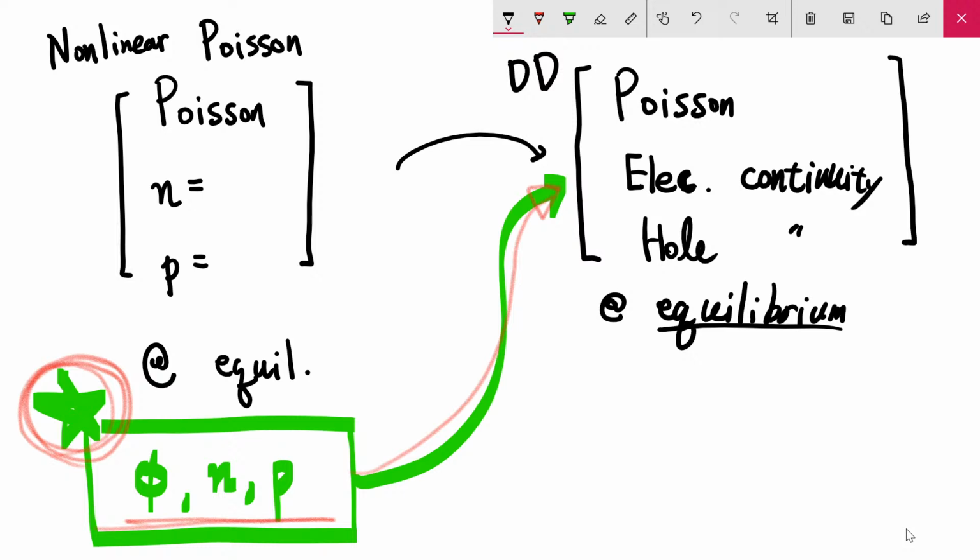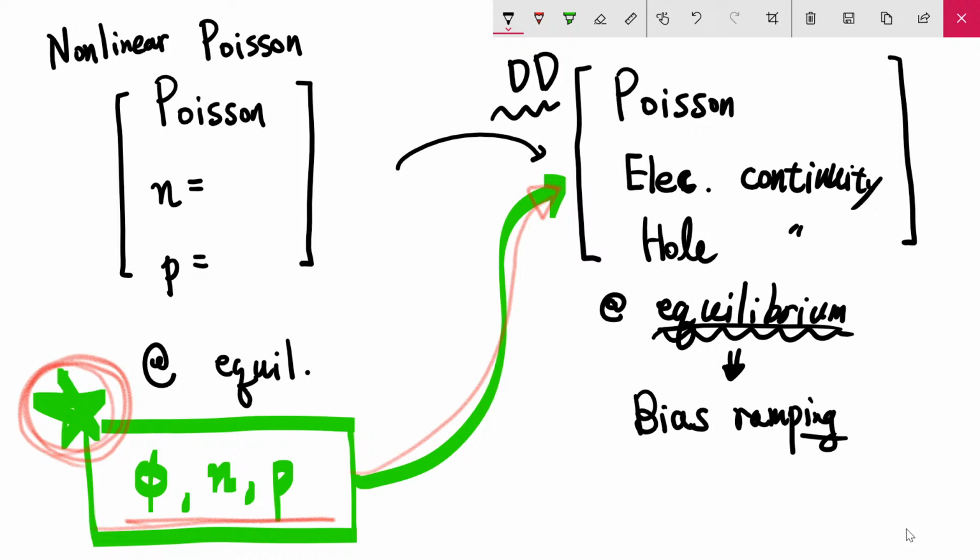So please note that once you build your system reasonably for both the nonlinear Poisson-like system and the drift diffusion system, you will have a really negligible number of iterations. After that, you have the drift diffusion model working at equilibrium. Then what will be the next part? Of course, the next part is just bias ramping.